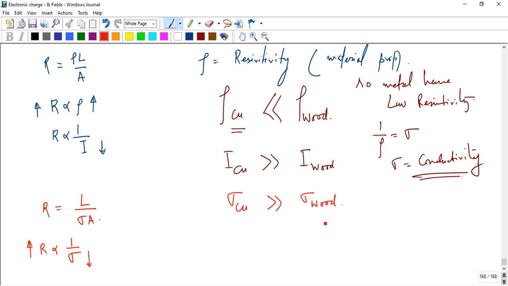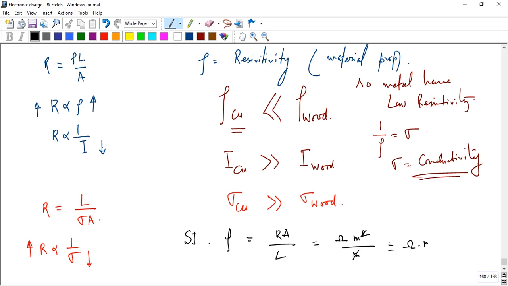Now the SI unit of resistivity: rho is equal to RA by L, where R is in ohms, the cross-section area is in meter square, and the length is in meter, so the unit is ohm meter.